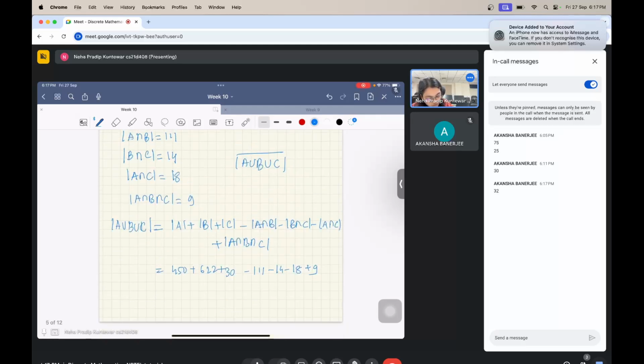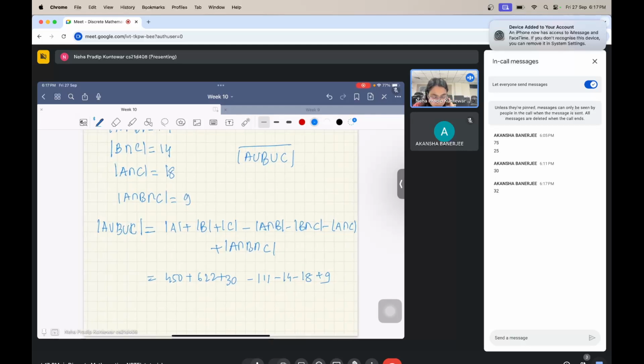So what is this quantity? You have 480 plus 622, this is 1102, and you add 9 to it, so you have 1111, and you are subtracting 111 from that.